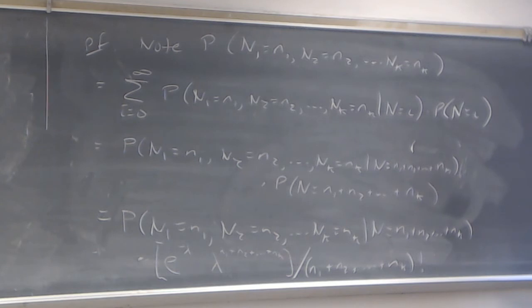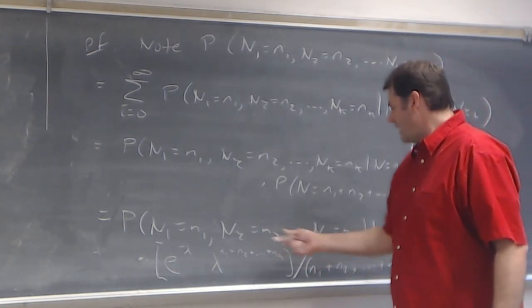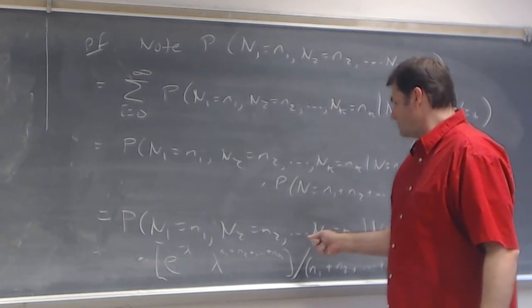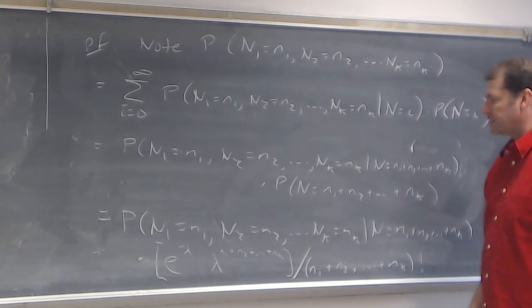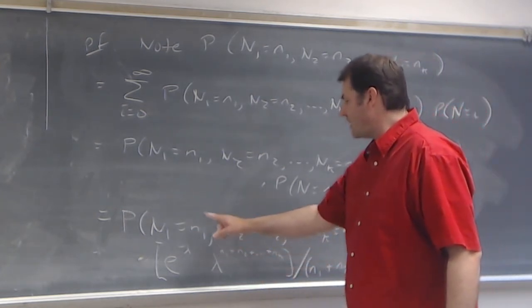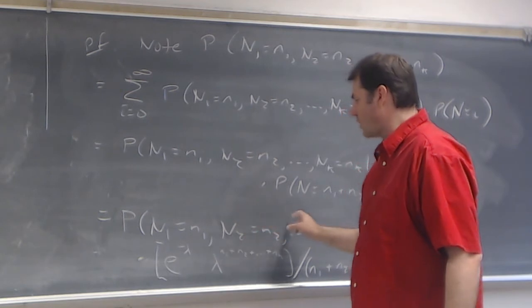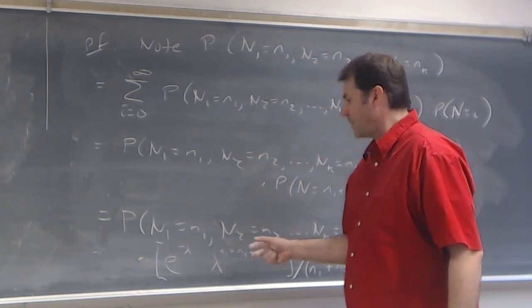And so what we do is we say, well, how many ways could we get n sub 1 of type 1 or n sub 2 of type 2? And so we have n sub 1 plus n sub 2 plus all the way up to n sub k number of events that happen.